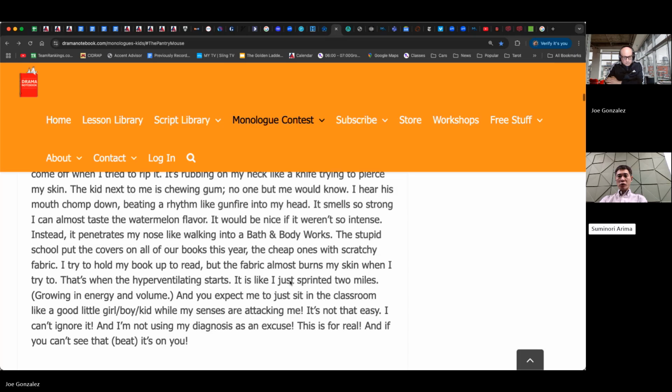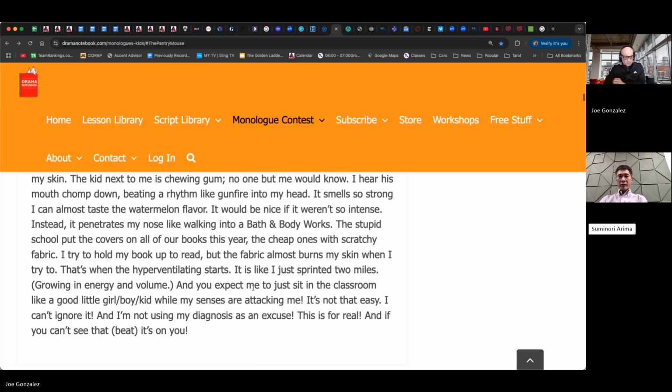It smells so strong, I can almost taste the watermelon flavor. It would be nice if it weren't so intense. Instead, it penetrates my nose like walking into a Bath and Body Works.